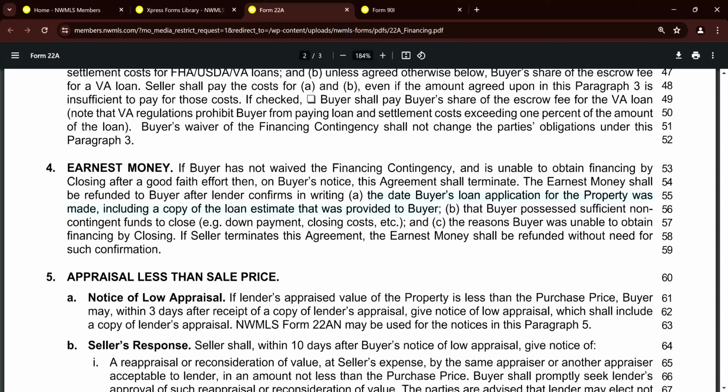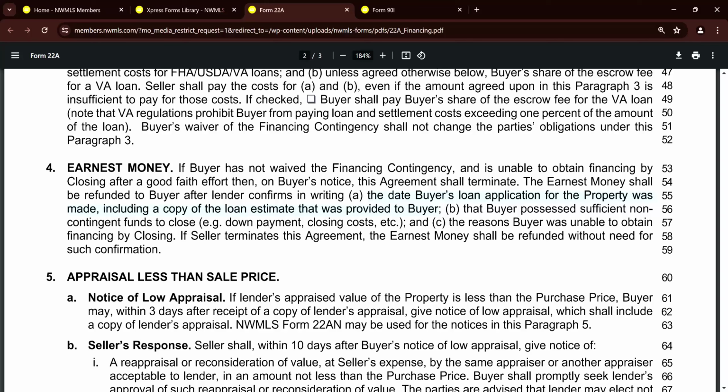You've got to be able to show proof buyer had sufficient funds, or the very best thing to do is, in that denial letter from the lender, you would state that buyer made the loan application on time, buyer was unable to get the loan for a specific reason, but buyer did have sufficient funds. So a good lender can get all three of those elements on one letter and provide that copy of the loan estimate that was provided to the buyer.